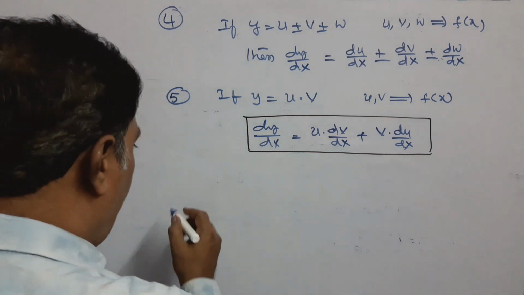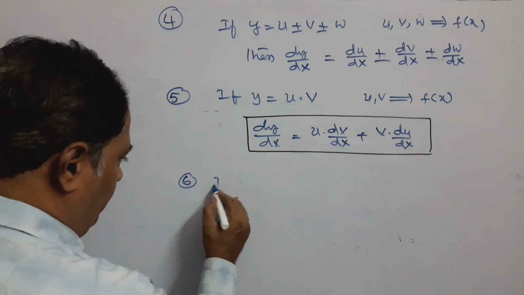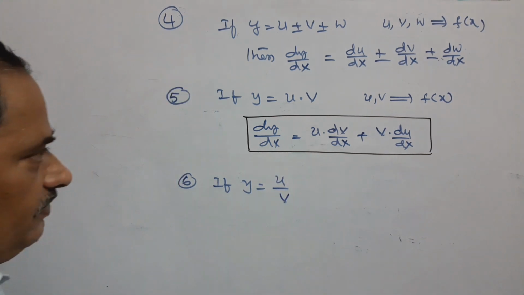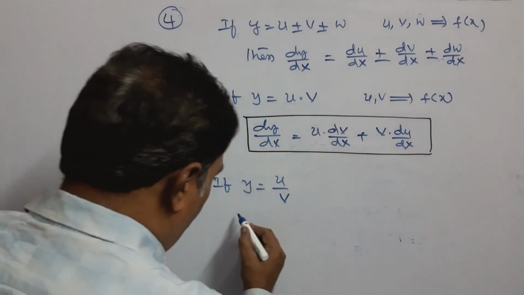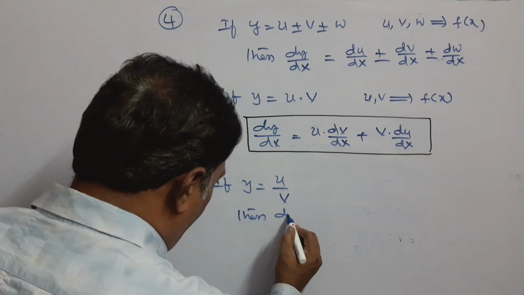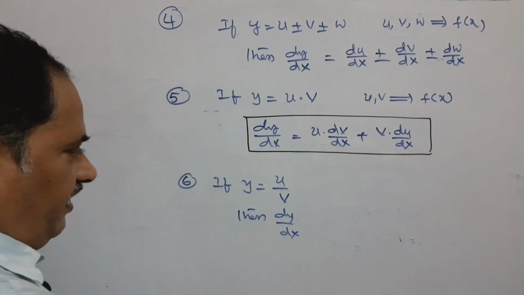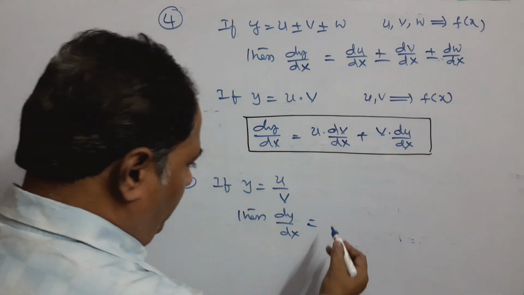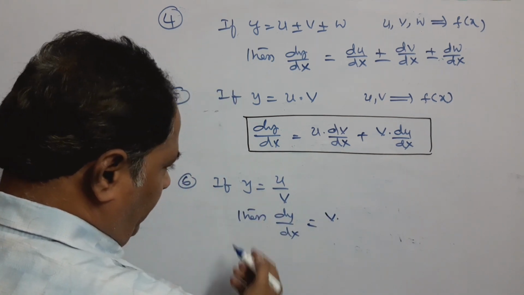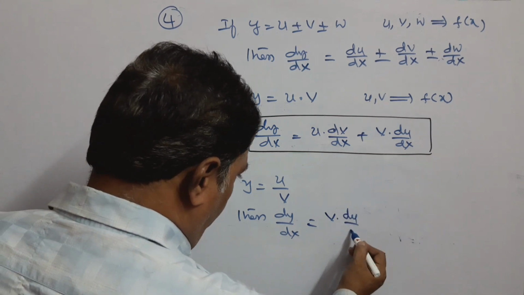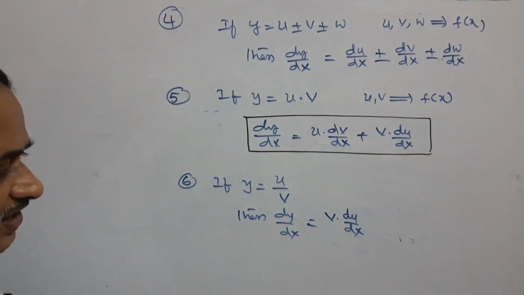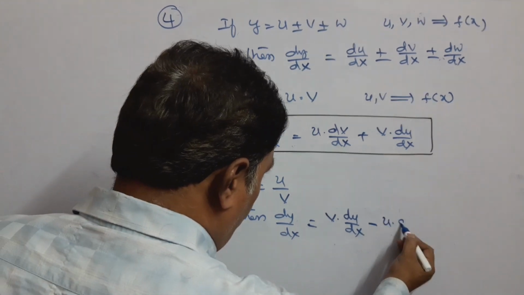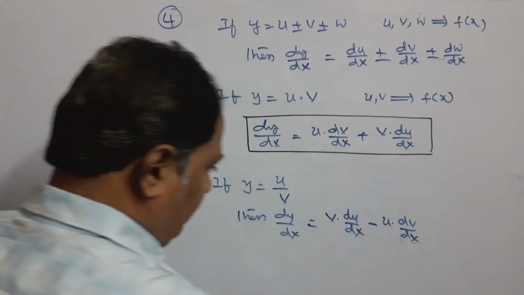Whereas in the case of the division type, if y is equal to u by v, then you can write its differentiation dy by dx as: first take the denominator v, differentiate the numerator with respect to x, du by dx, minus u into dv by dx.